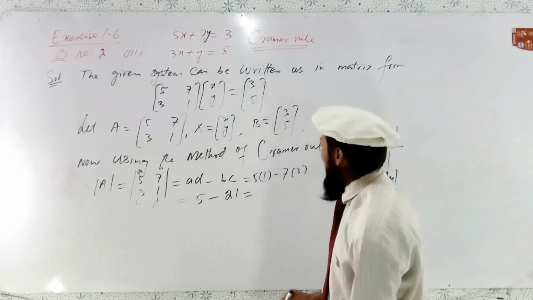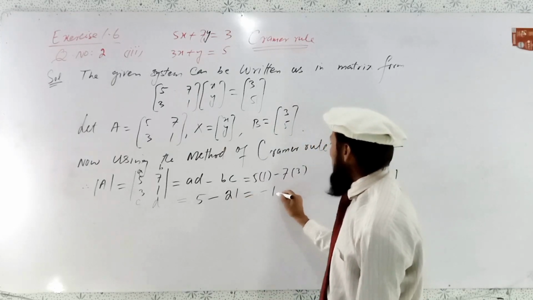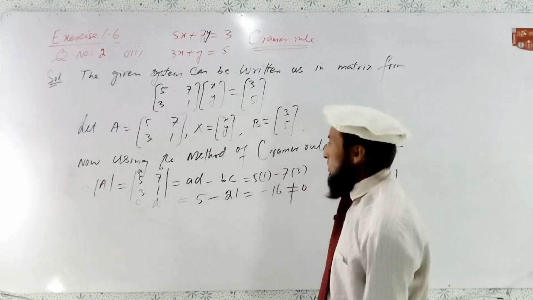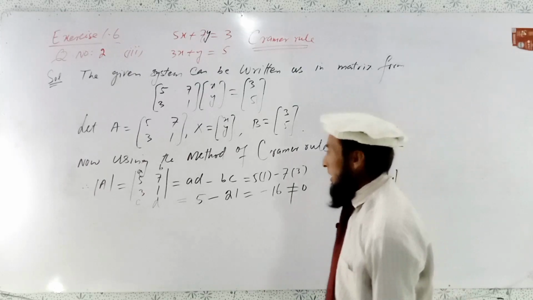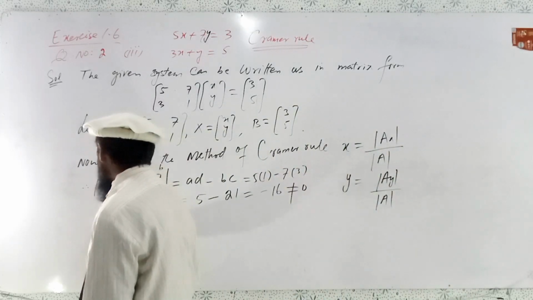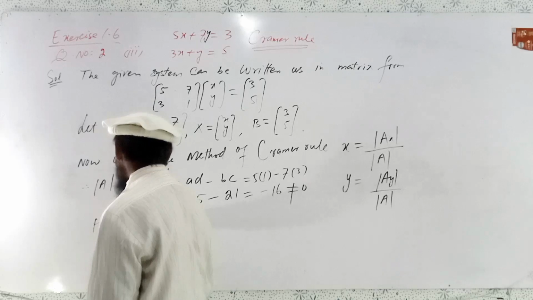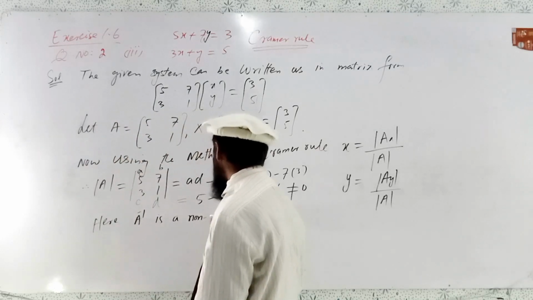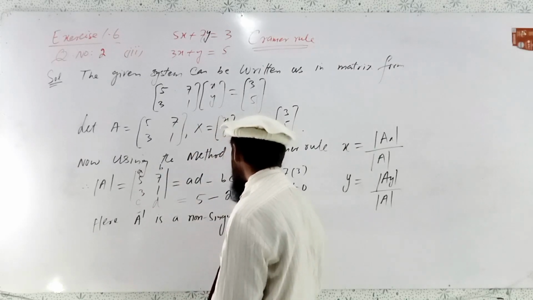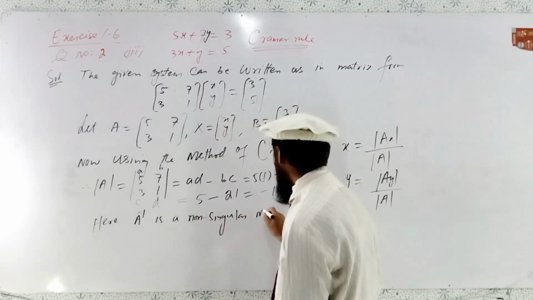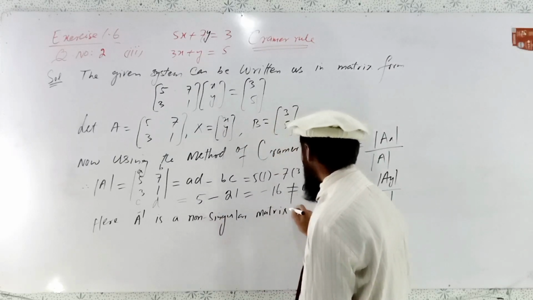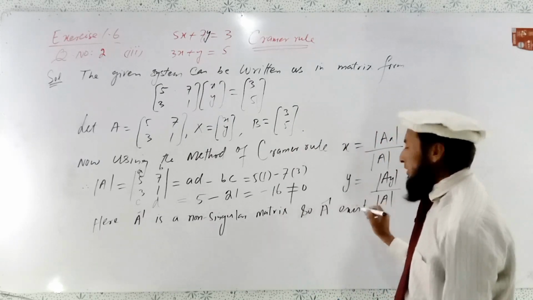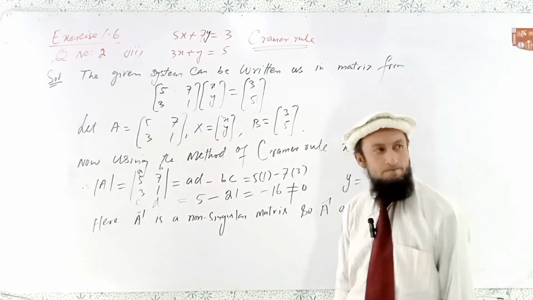So the answer we get is minus 16. It means that it is not equal to 0. So A inverse exists. Here A is a non-singular matrix. So A inverse exists. It means that further solution is possible.